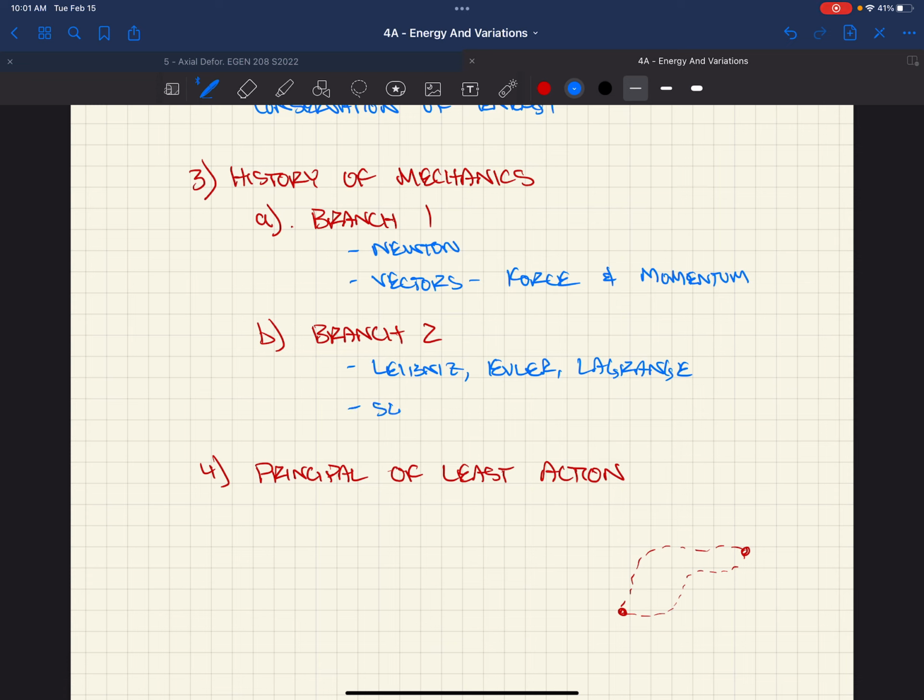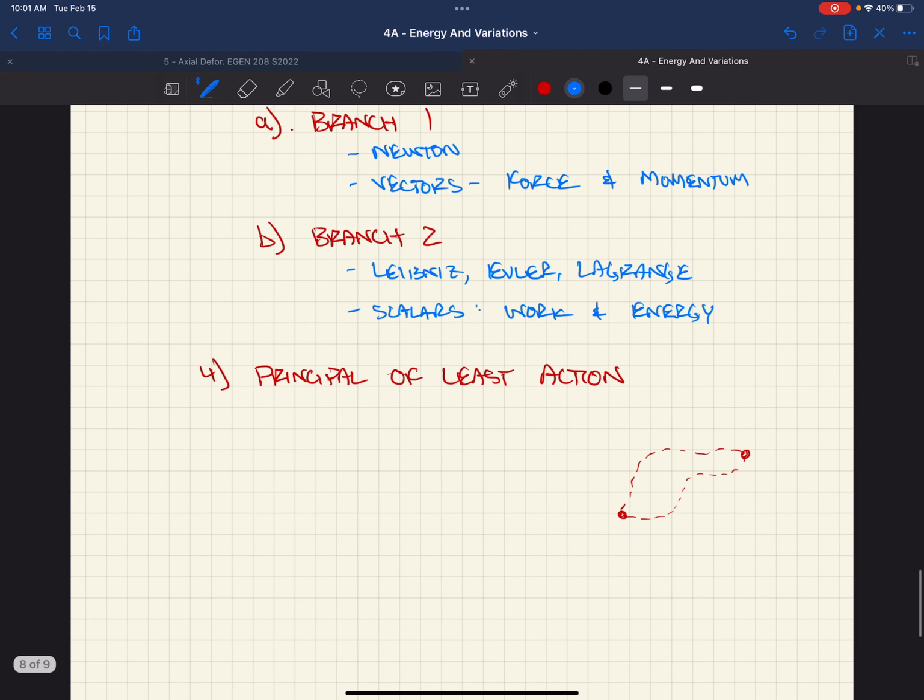These are scalars of work and energy. So we have the capacity to do work, and then we have the work done, and we're going to talk about that here in a little bit. So we have the principle of least action. Well, the actual path of the particle will minimize the action.